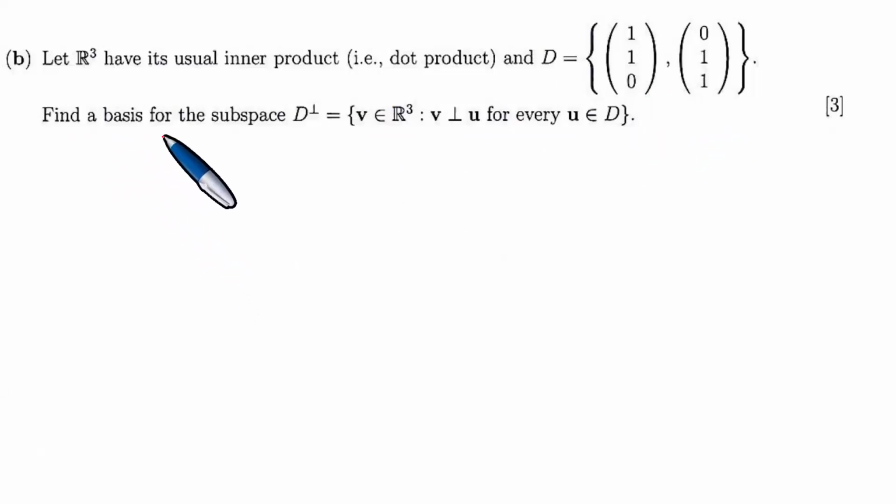Find a basis for the subspace D-perp, which is the orthogonal complement of D that contains all the vectors V in R3 such that V is perpendicular to U, or V is orthogonal to U, for every U in D.